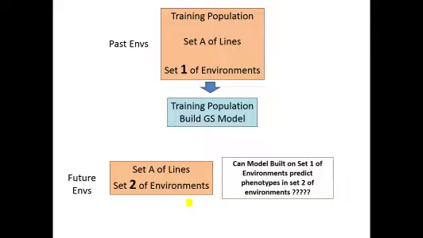The question is, can a model built on data from set 1 of environments predict the phenotypes that will occur in set 2 of environments? You're using data from the past to build your model, and you're hoping that predicts performance in future environments. And this is really the crux of plant breeding. We do this with our phenotypic data as well as genomic selection. Can data from the past predict performance in the future?